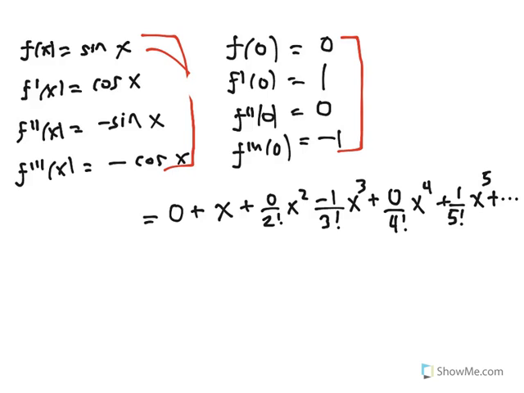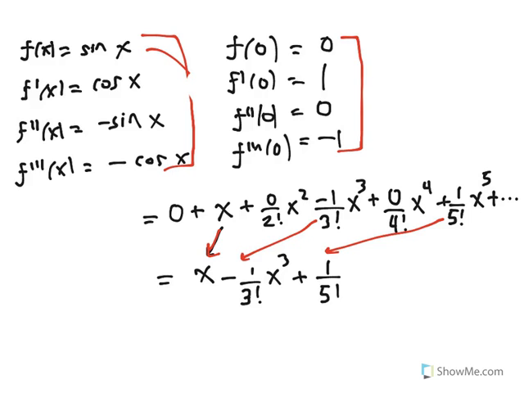If we eliminate the zero terms and just write the non-zero terms, we'll have this. So we have x, and then we have negative 1 over 3 factorial x to the third, and then we have positive 1 over 5 factorial x to the fifth, and then we'll have minus 1 over 7 factorial x to the seventh.